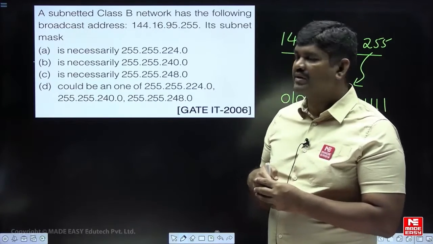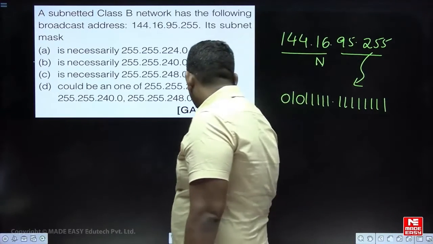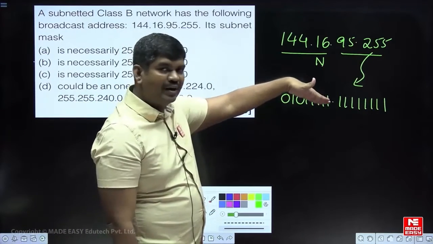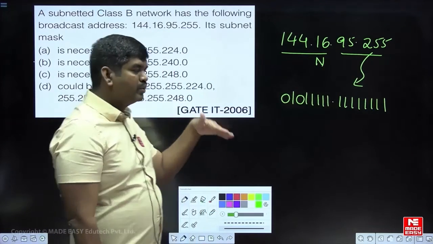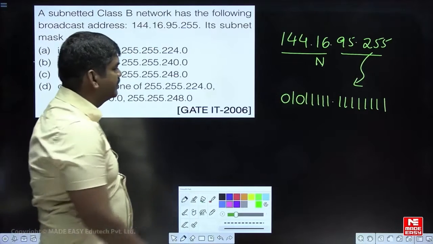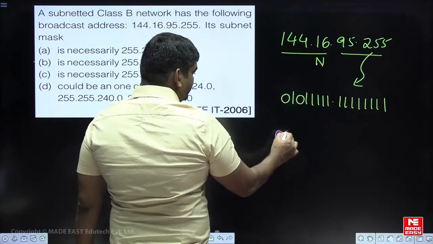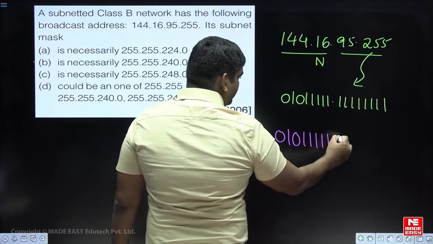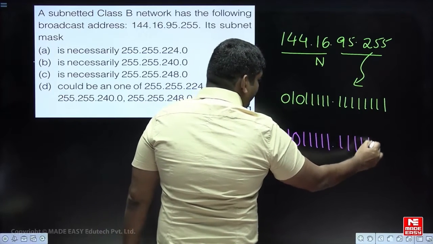That's why they have given the mask values in the options, so that you can separate the network, subnet and host bits. To have a clear idea, we are writing the same value once again so that you can cross check with every option. It is 0, 1, 0 followed by 5 ones and here 8 ones.